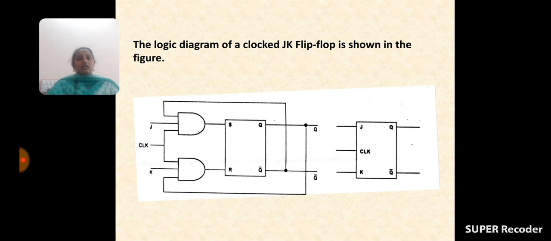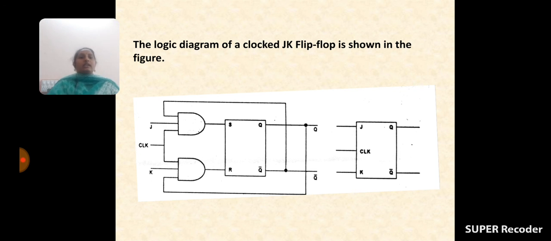The others are the J and K inputs, which are applied directly to the AND gates. And the third one comes from the output of the previous stage. The first gate gets the output Q bar, and the second gate we connect to Q.